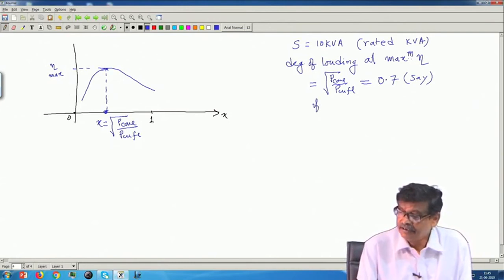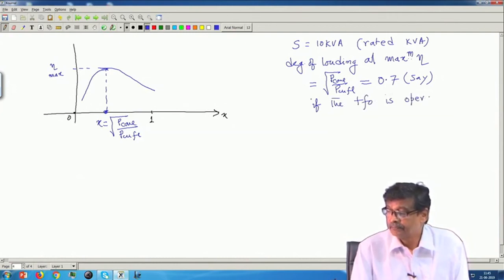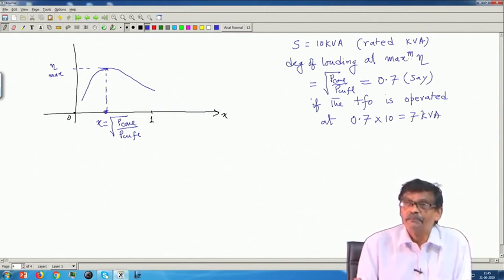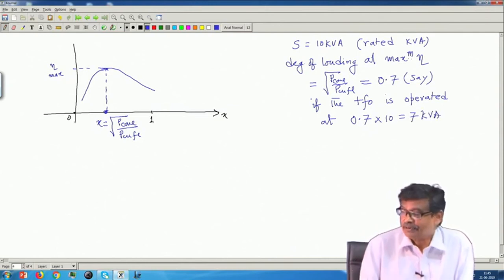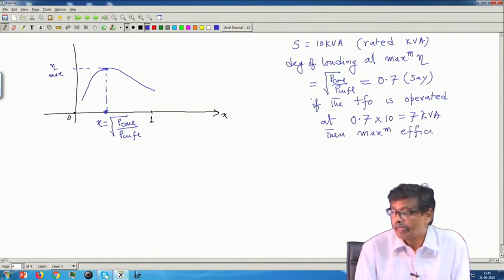then I will say if the transformer is operated at 0.7 into 10, that is equal to 7 kVA, then maximum efficiency will be achieved.